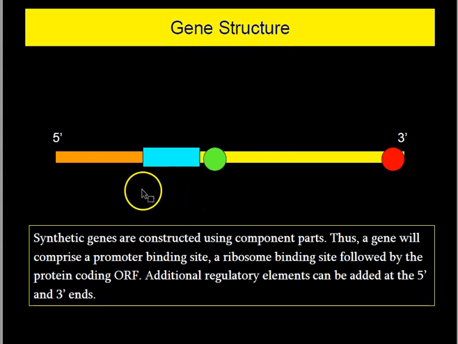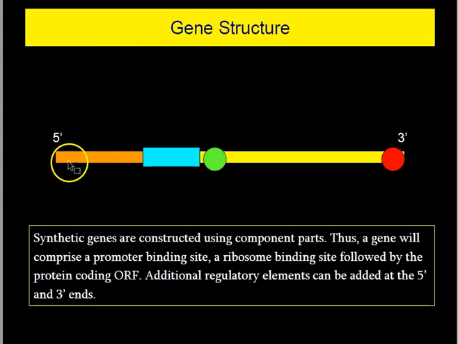Now, if you want to control this gene, you can introduce additional regulatory elements such as promoters at this end, and this will in turn regulate this gene. For instance, if the gene was encoding a fluorescent protein and you wanted to ensure that this gene was induced in the presence of sugar, you can introduce a promoter binding site here.